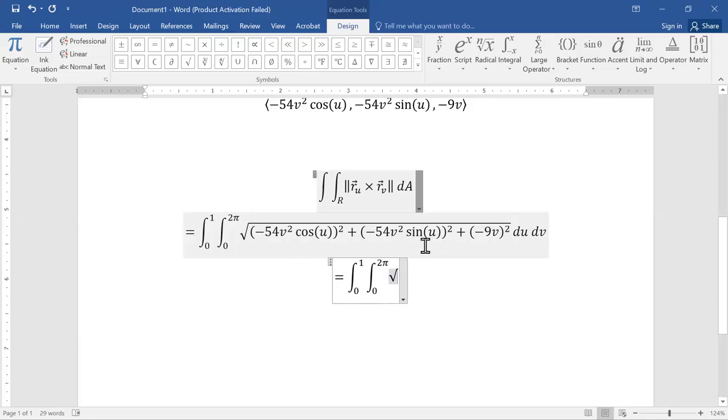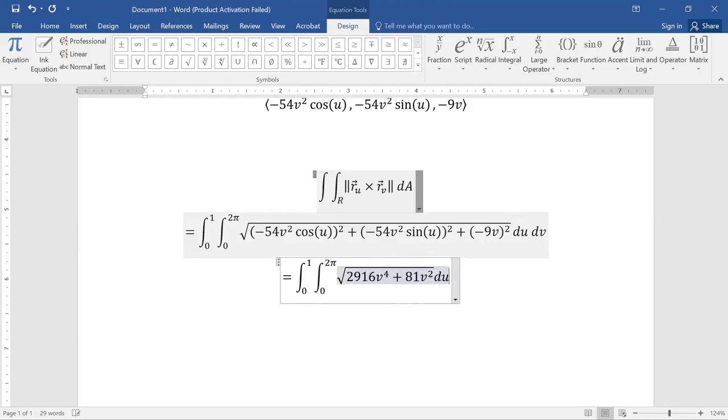That cosine squared plus sine squared is going to add up to 1. And so what you're going to get is 54 squared, which is 2,916 times v to the fourth plus 81 times v squared.